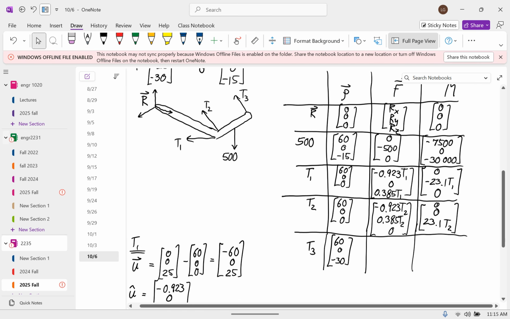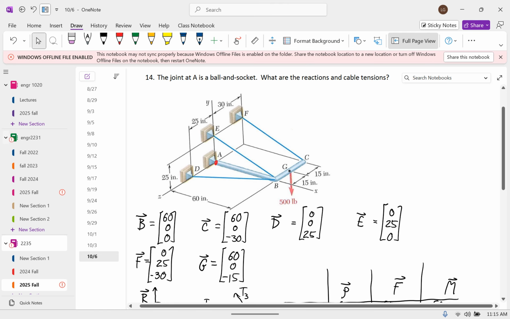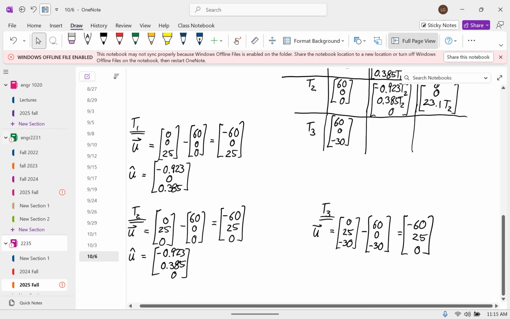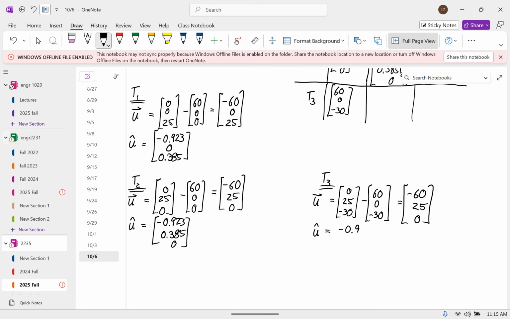Oh, well, that's the same direction as T2. You can sort of see that if you just look at the picture. And so that unit vector is going to be the same as it was for T2, negative 0.923, positive 0.385, 0.